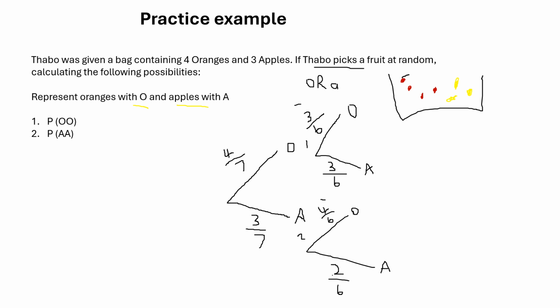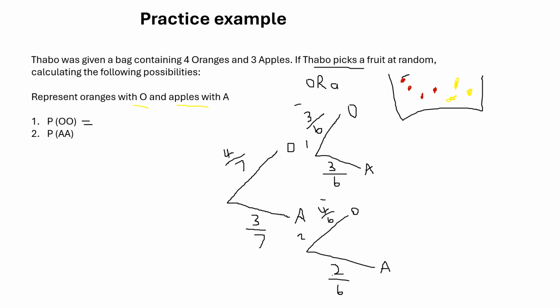So this will be a tree diagram representing the 2 ways in which Tabo can pick up a fruit. And please don't get confused by saying, no, but an orange was taken out before. No, that was a possibility of an orange being taken out. So whenever you do the second one here, don't take into account what happened in the previous one, unless you were told so. Okay.